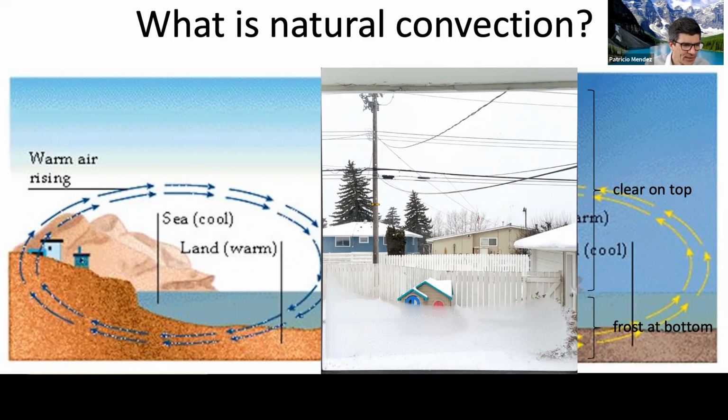I have a video here that I think is going to be cool to illustrate some aspects of natural convection. Typically, natural convection is due to differences in buoyancy because of temperature. And that's the only case we're going to study in this class. However, we can have natural convection due to differences in density because of mass transfer.